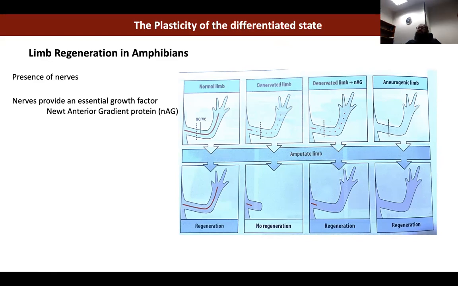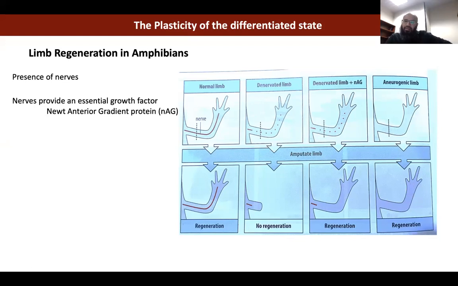But another interesting observation was in the case of an aneurogenic limb. So what is an aneurogenic limb? An aneurogenic limb means that during embryonic life, you remove the nerve, so the animal does not have nerves. And the interesting observation was that the aneurogenic limb, when it was cut, grew normally.